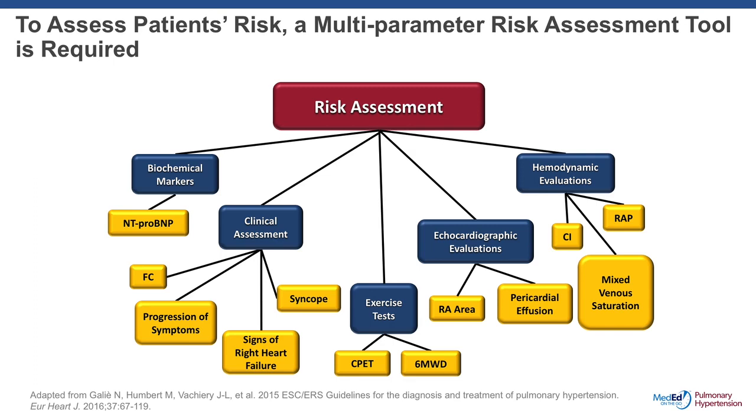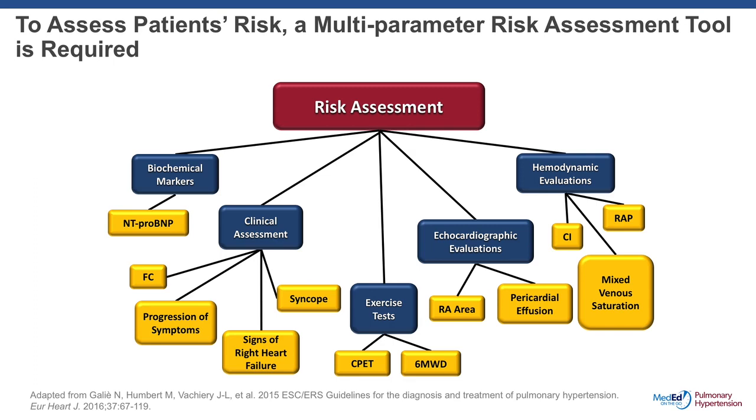And there are many ways to do that. We look at the clinical assessment, which I think is very important. You sit down, you talk to a patient, you examine them, and you get a lot of information there on functional class, the progression of symptoms, the signs of right heart failure, and the presence of syncope. We very frequently do an exercise test at a clinic visit.